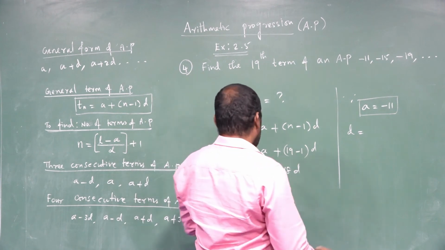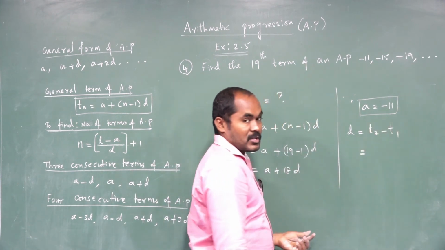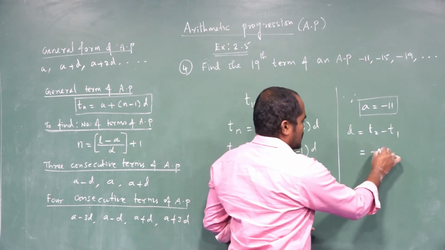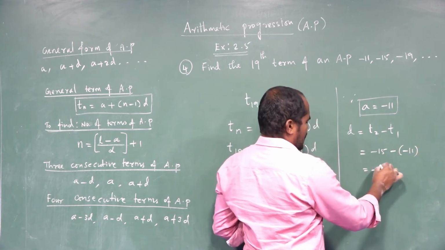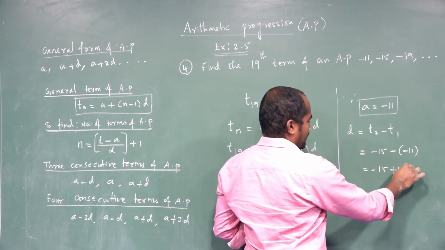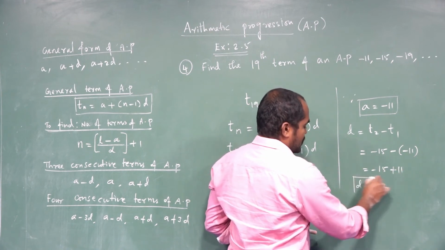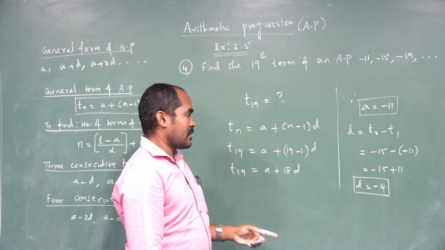You know the common difference formula: T2 minus T1. So minus 15 minus of minus 11. This is minus 15 plus 11, equal to minus 4. So the common difference is minus 4 and the first term is minus 11.